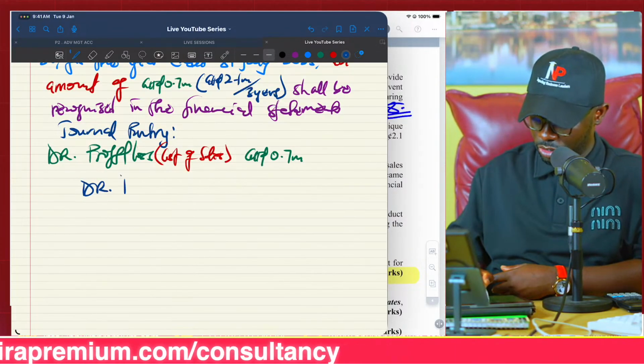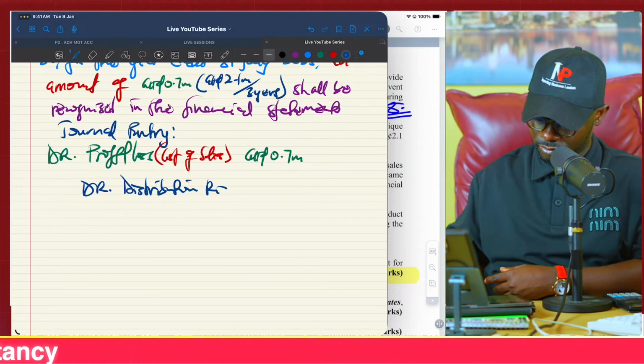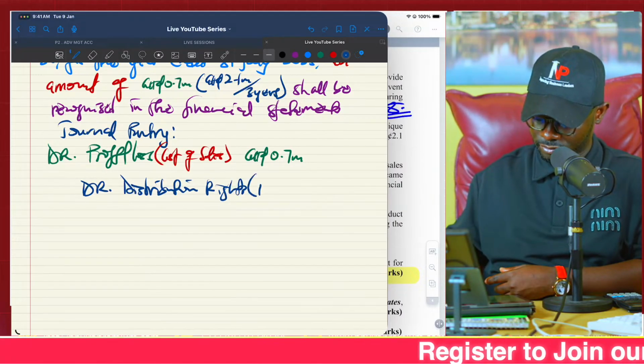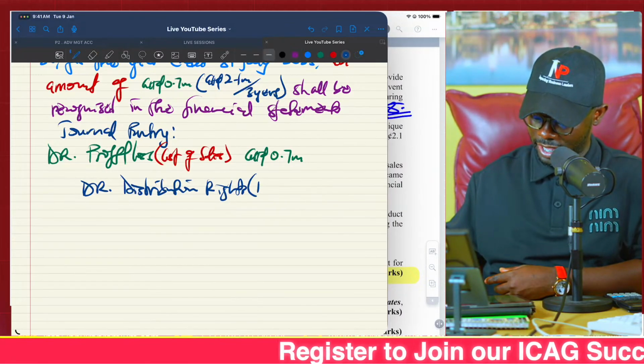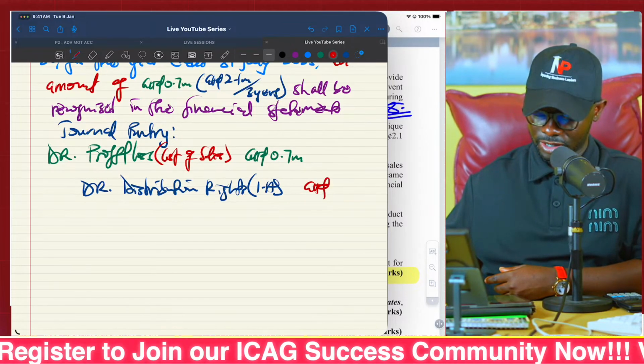So distribution right, which is an intangible asset. Okay, IA, not artificial intelligence or something like that.